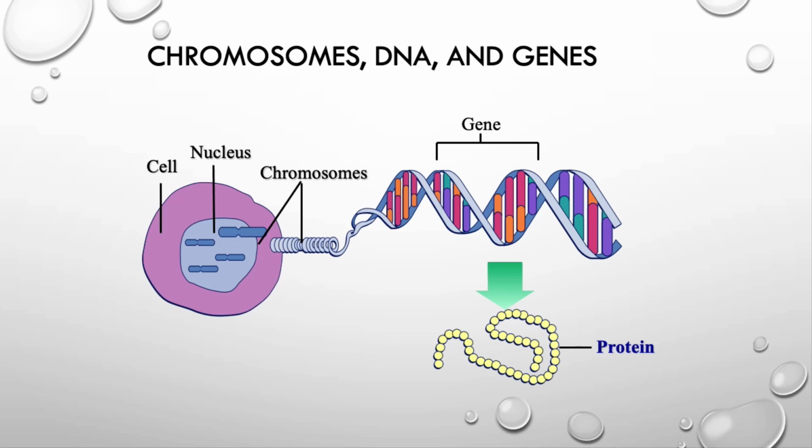In those chromosomes, we have thousands and thousands of genes, and those are the single genetic instructions. Those genes will ultimately be converted into something called proteins, which are important for our bodies. And there are, again, thousands of those proteins.